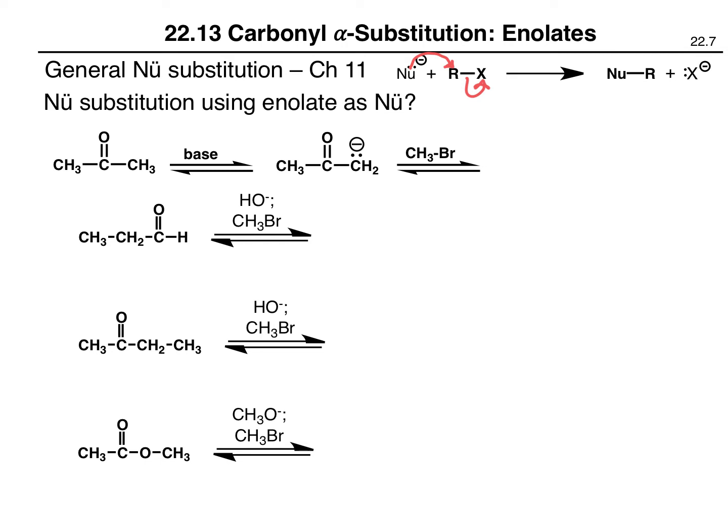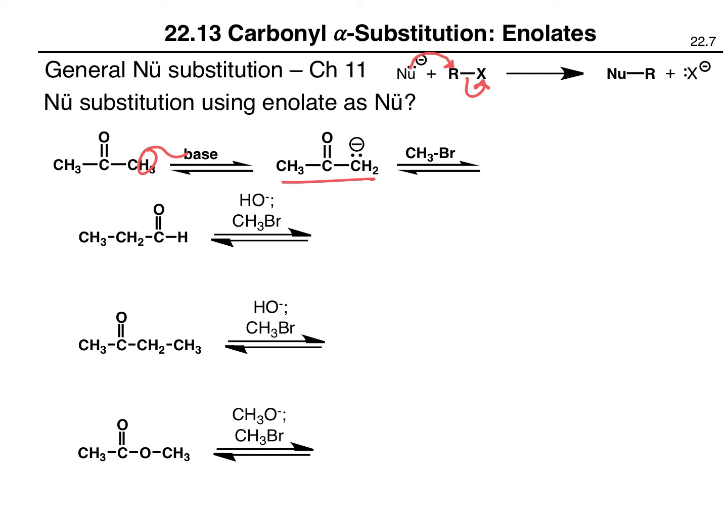Well, now let's try to determine whether we can carry out nucleophilic substitution using an enolate as the nucleophile. So if we start out with acetone, for example, and we treat this with base so that it pulls off one of the alpha protons, then this enolate will be generated.